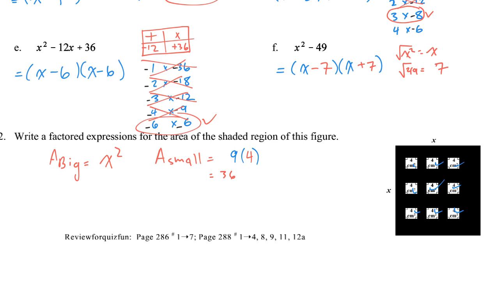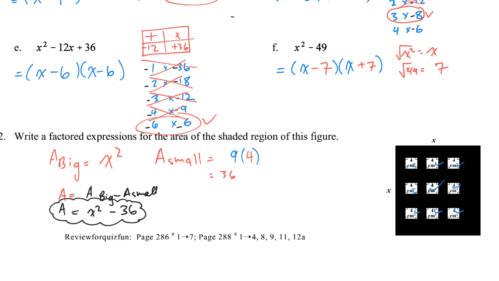So here is the rule. The area of the overall thing here is the area of the big minus the area of the small, right? Now, we identified the area of the big to be x squared and the area of the small to be 36. So let's write that in. So we have the area of the overall thing being x squared minus 36.